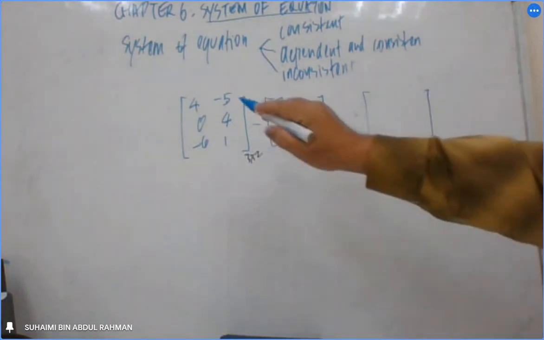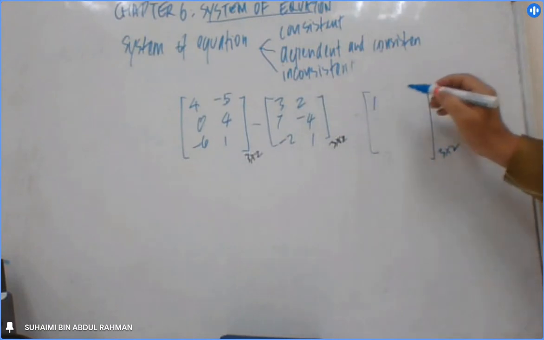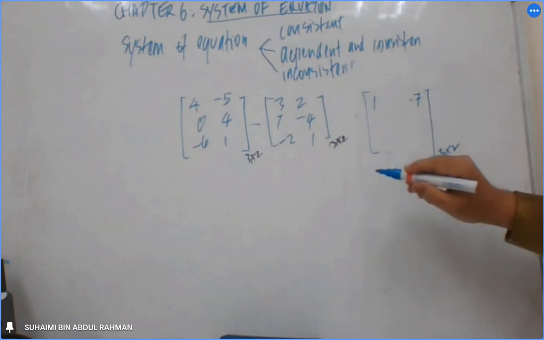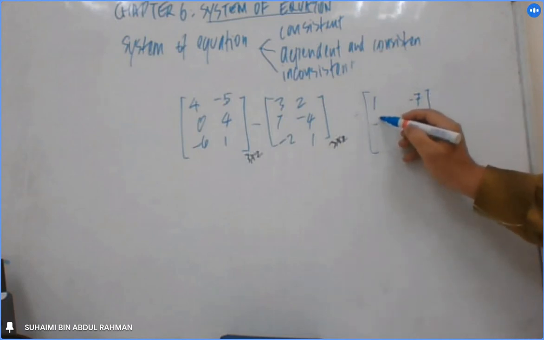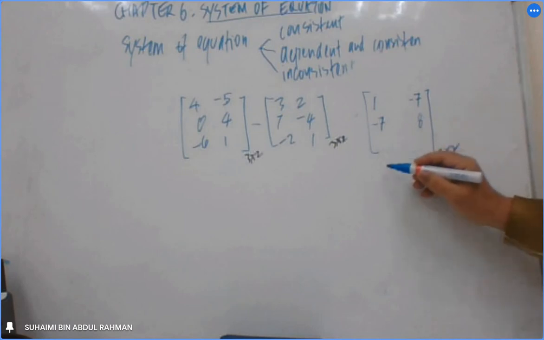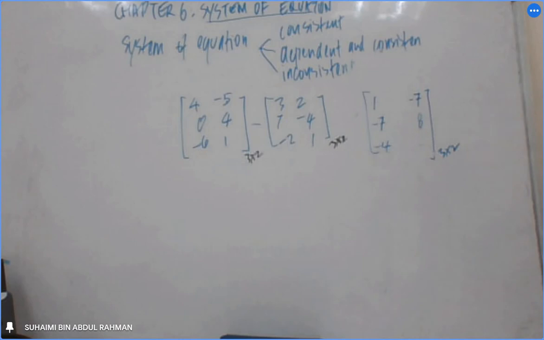You subtract 4, 3, 1, minus 2, minus 7, minus 7, 4, 8, minus 6 plus 2, minus 4, and 1 minus 1, 0. That is subtraction, before was addition of 2 matrices.